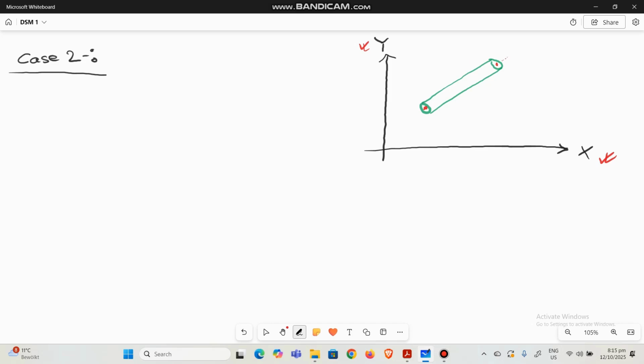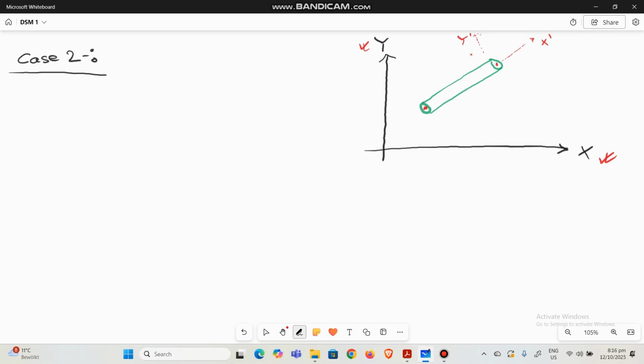Now this element is aligned in this direction, so it will have its own local coordinate system, x dash along this direction, and perpendicular to x dash, you will have y dash.